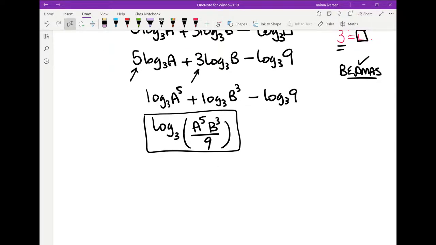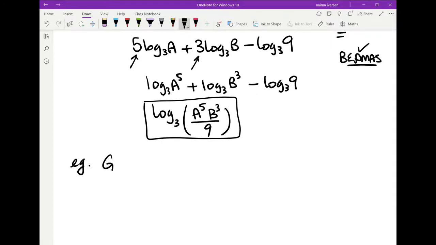Okay, so last example before you guys are going to try some on your own. These are, in my personal opinion, the trickiest type of questions. I'm going to give you that log of 3 is equal to x, and log of 4 is equal to y.